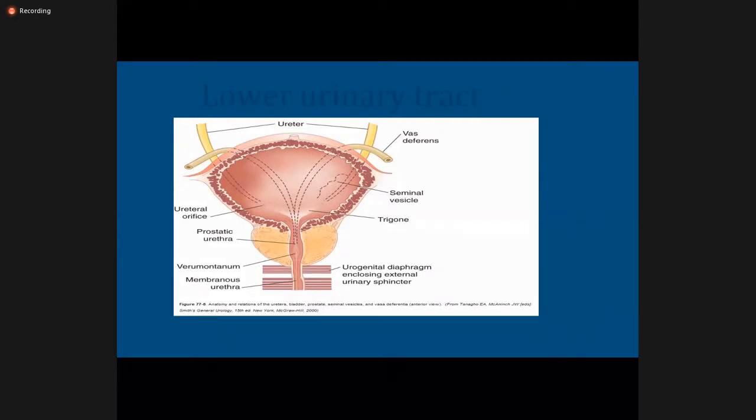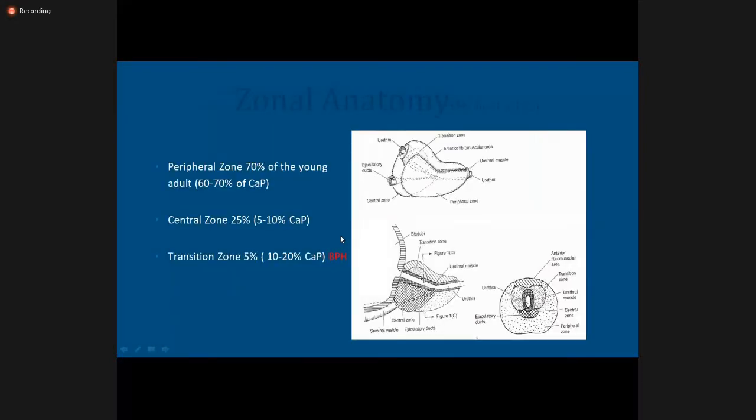Here you can see a different view of the same anatomy. This is the prostate, and the urethra is going through it. It involves the bladder neck, and just below the prostate there is the membranous urethra and urogenital diaphragm. Here there is the zonal anatomy.